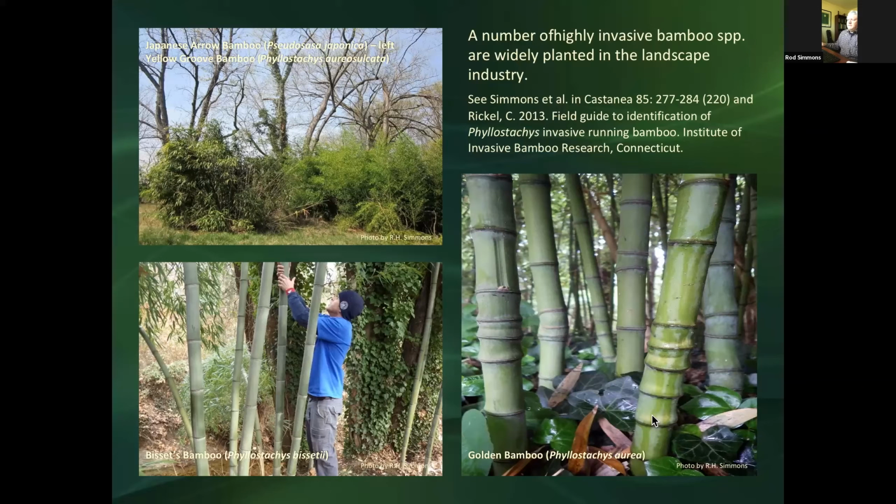None of them are native. We have a couple native species of bamboo in Virginia, including one that's all over the Tidewater area in the Pine Barrens in southeastern Virginia, the native cane, but very much different than these bamboos here. Next frame, please.